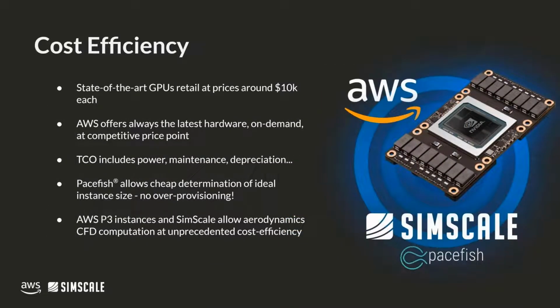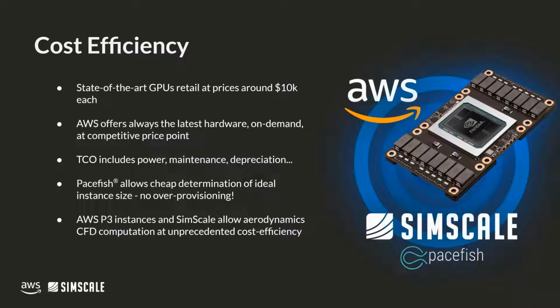The solution, as mentioned before, was performed on an array of NVIDIA V100 GPUs, which retail for around $10,000 each. These GPUs are offered on instances provided by AWS, who always have the latest and high-performance hardware at a competitive price point. When taking into account the total cost of ownership of local servers, with power, maintenance, and depreciation of hardware, AWS offers a truly competitive alternative with their instance suite.